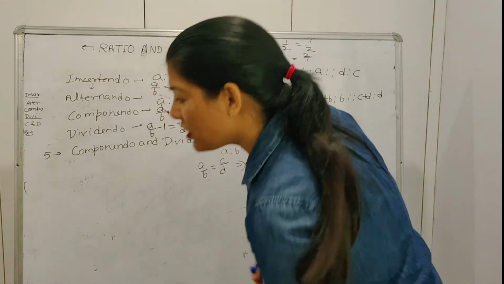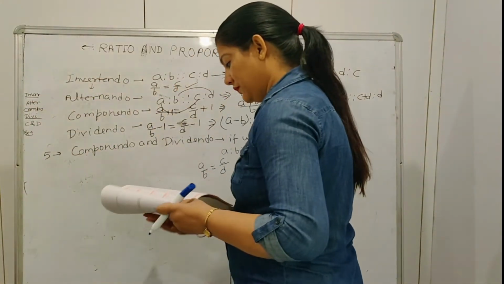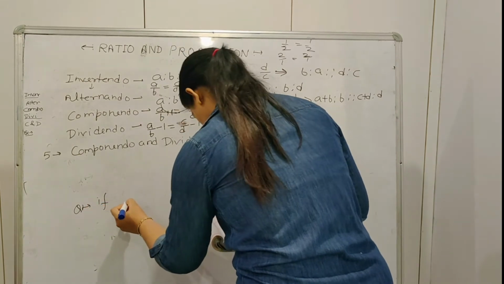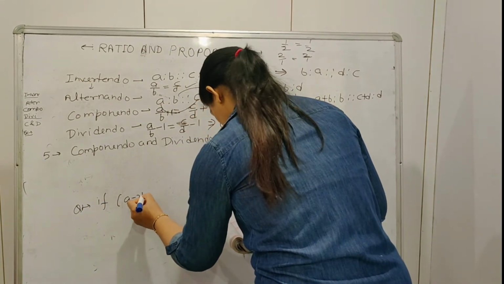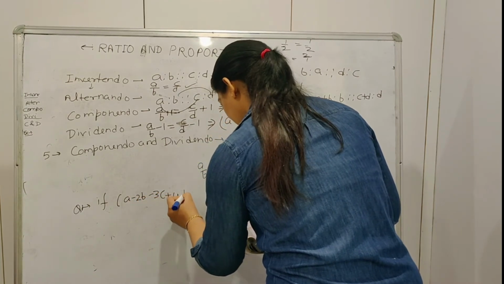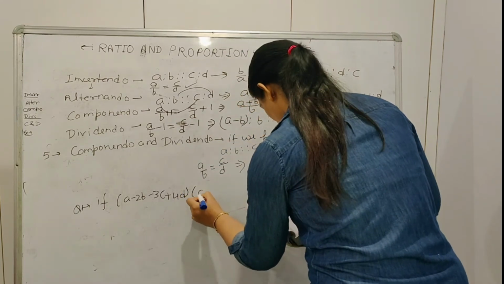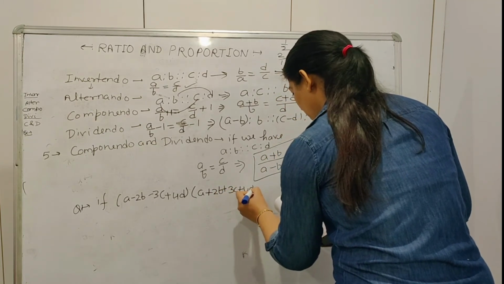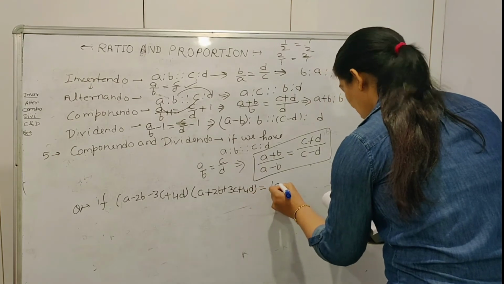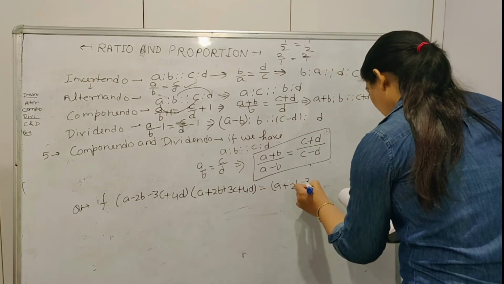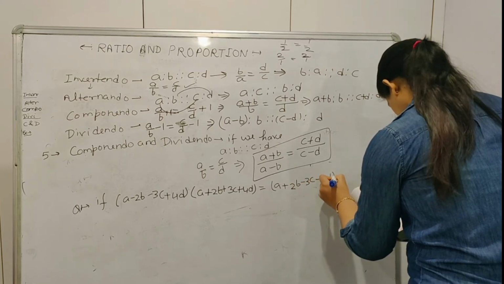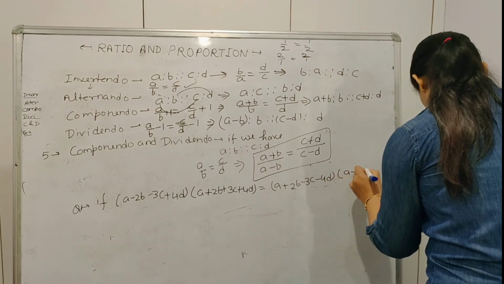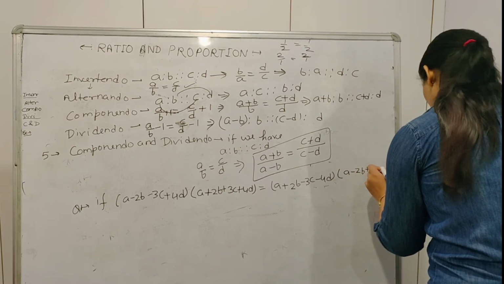So the question is, let me check from the book. The question is, if A minus 2B minus 3C plus 4D into A plus 2B plus 3C plus 4D is equals to A plus 2B minus 3C minus 4D into A minus 2B plus 3C minus 4D.